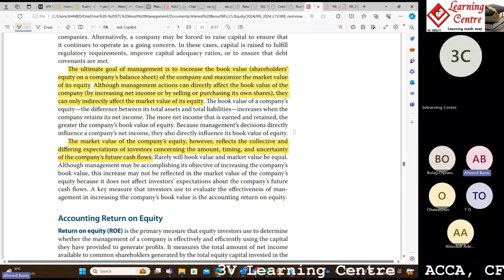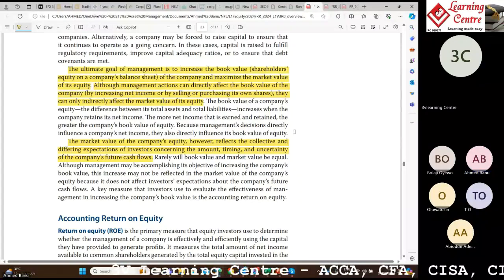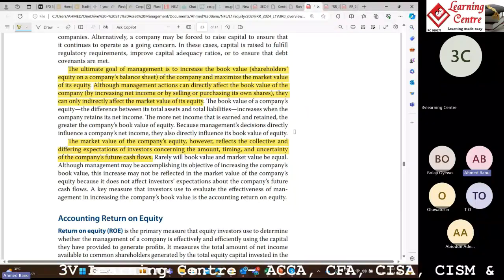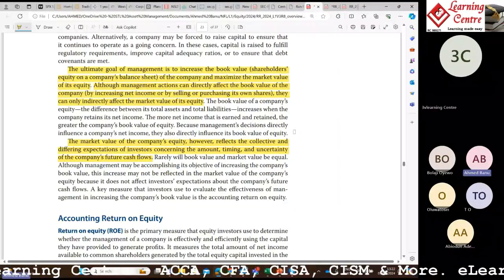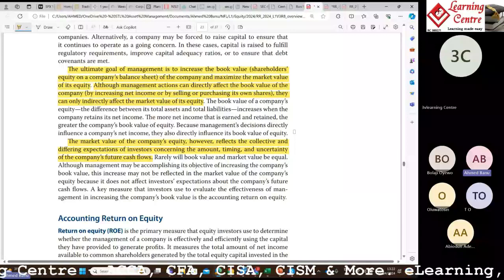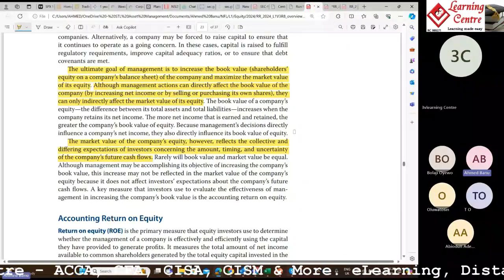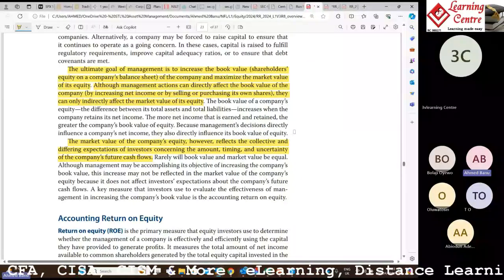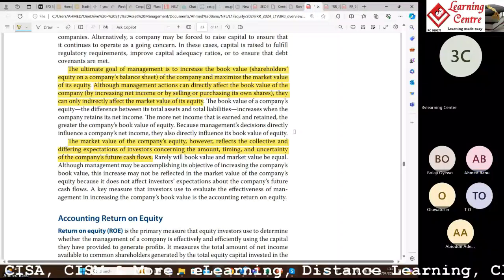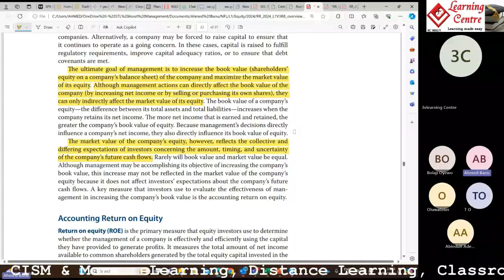If I like what you are doing as a company, the only way I can react to that positive thing is by going to buy your shares. So like the curriculum has said, the market value of your equity is a reflection of how investors perceive your company in a nutshell.